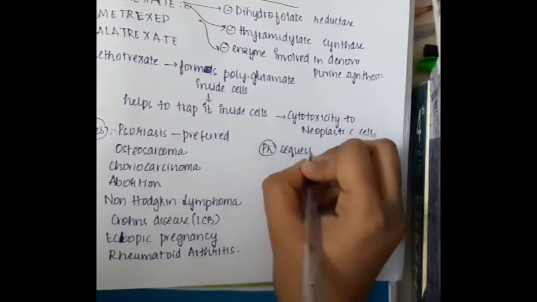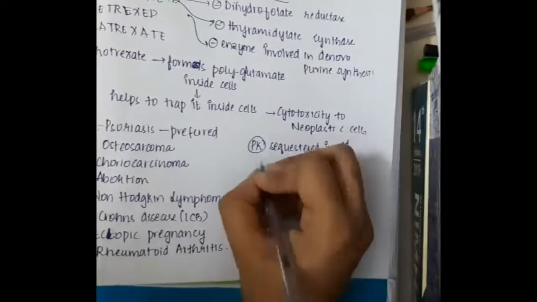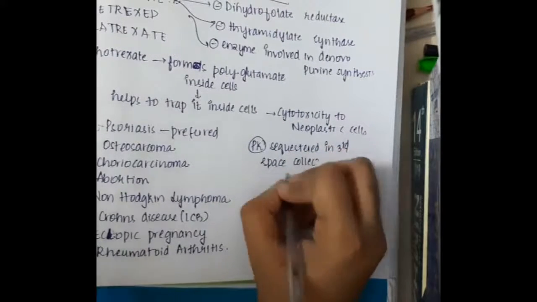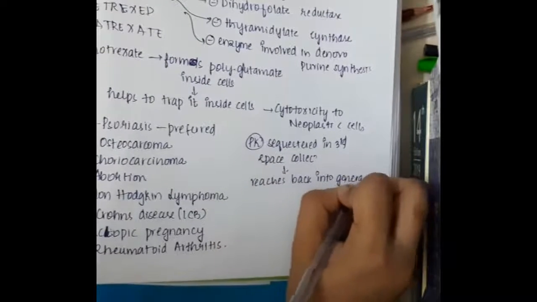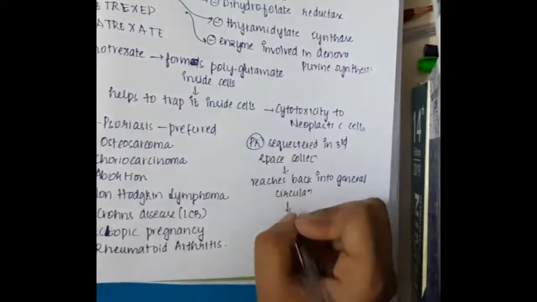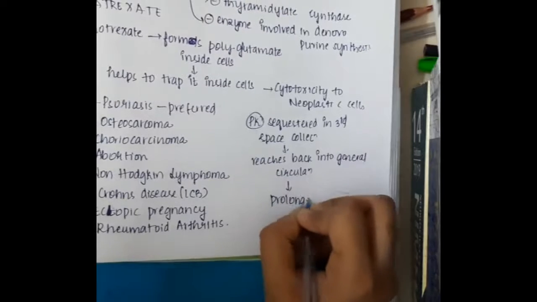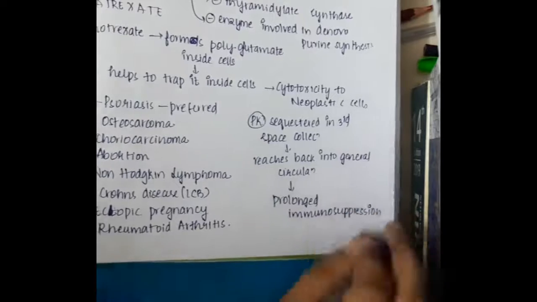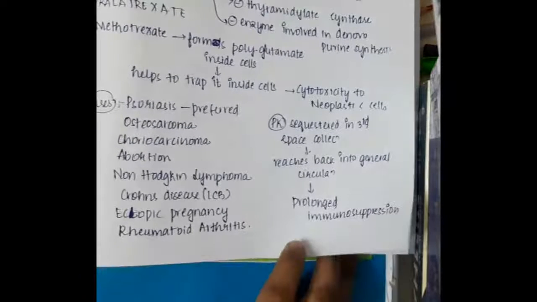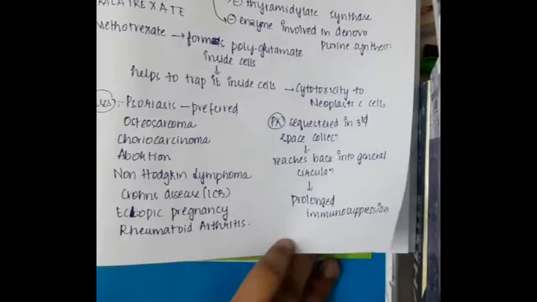In pharmacokinetics, Methotrexate is sequestered in third space collection and reaches back into the general circulation, thus causing prolonged immunosuppression.